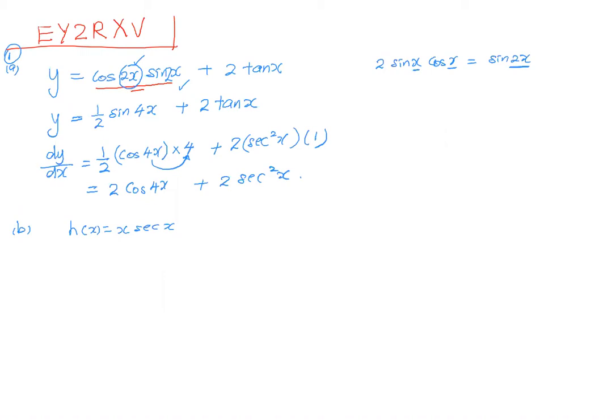Okay, so now for this question, first of all, it looks like a product, correct? Something times something. But do we know the derivative of sec x? We don't have, correct? So what should we do to this function before we start to differentiate?